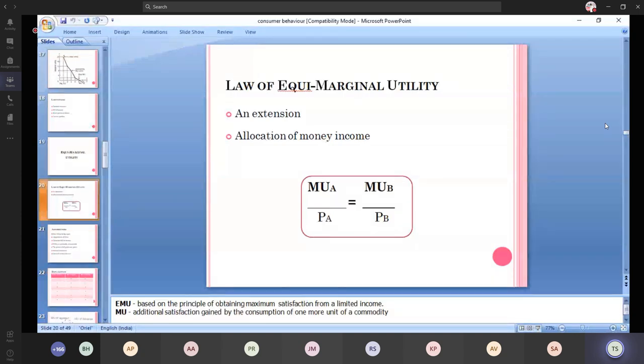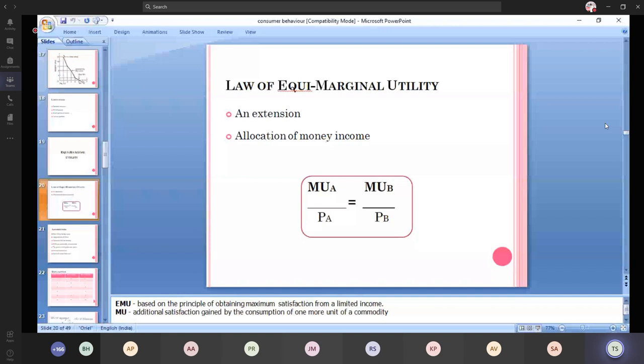So according to this equimarginal utility, the marginal utility of commodity A is equal to P of A. That is, if a consumer purchases a commodity A, he spends some money to purchase the commodity and he receives some sort of satisfaction from that commodity. So both are equal, the price which is spent and the satisfaction level which he receives.